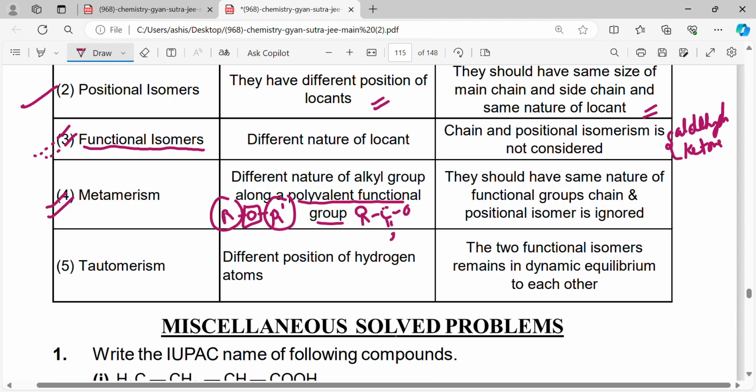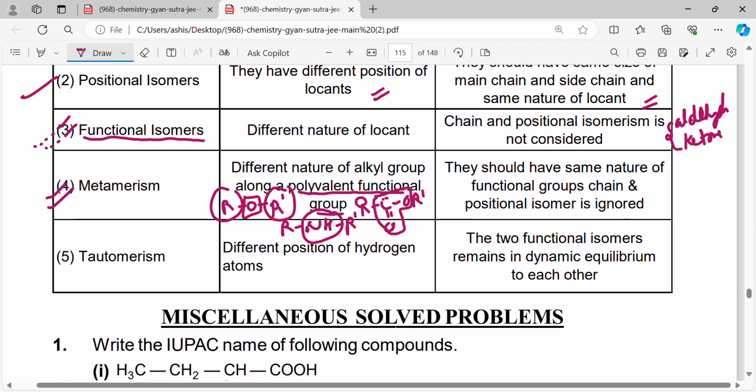Then ester, R C double bond O O R dash. In ester, the polyvalent functional group is actually C double bond O. Then suppose for 2-degree amine, NH, R and R dash. So NH is working as a polyvalent functional group. So a polyvalent functional group should be present in metamerism. Aldehyde cannot show metamerism, alcohol cannot show metamerism, carboxylic acid cannot show metamerism.